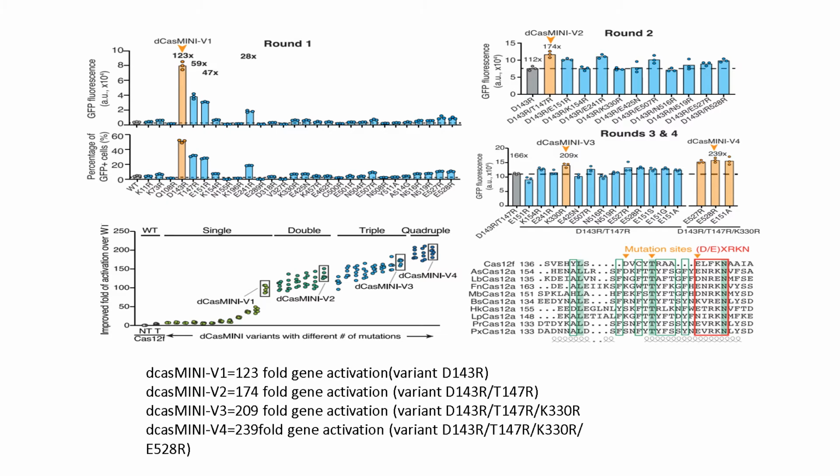The iterative protein engineering and screening yielded a gradually improved Cas12F parent library, with D143R, D147R, K330R, K528R variants showing almost 200-fold improvement of reporter gene activation over the wild-type Cas12F, which from now on is termed Cas-mini.